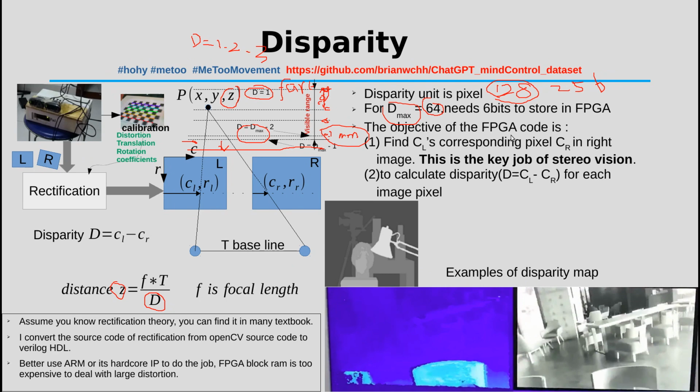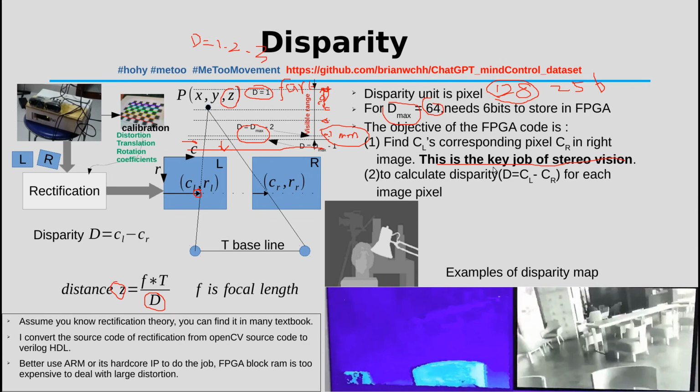The objective of this FPGA code is to find the corresponding points between the left image and the right image. For instance, for each point in the left image, how do I know the corresponding point in the right image? This is the key job of stereo vision. You might think it's easy. It's not easy.